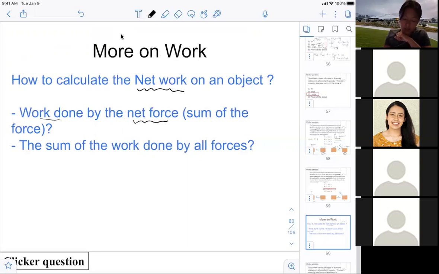Or let's look at the work done by all the individual forces first, and then sum up the work. Which one of these approaches makes more sense to you, or do you like better? Or do you feel equally okay about these two methods?